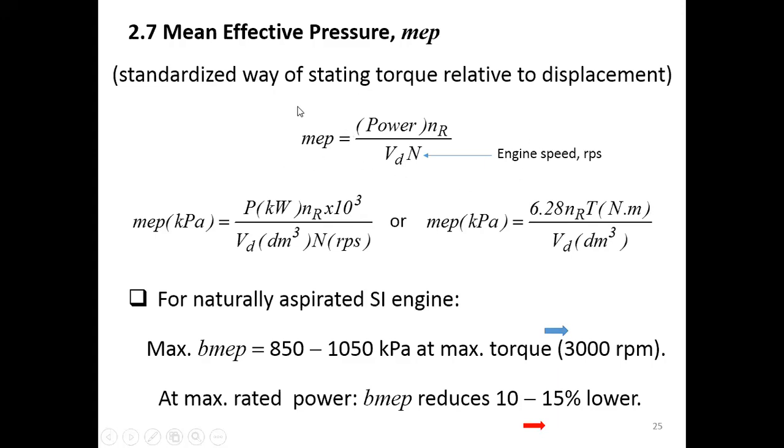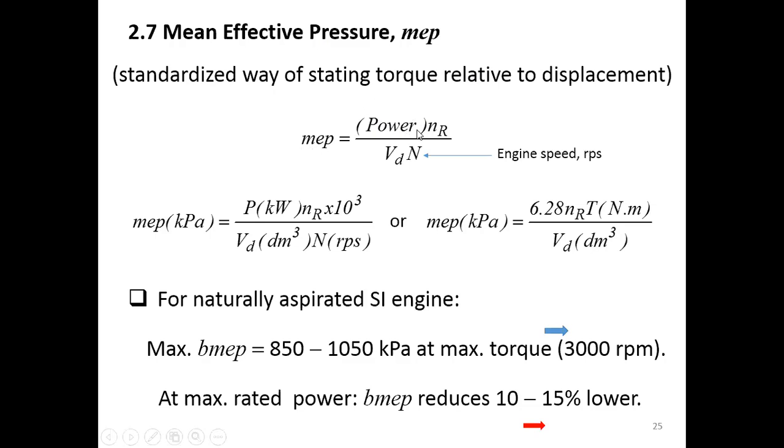So where does mean effective pressure come from? Power. Remember, we have two powers initially, as we talked about earlier: one is the indicated power, another one is the brake power. Since MEP is calculated from power, and power can be either indicated power or brake power, that means MEP can also be either indicated mean effective pressure or brake mean effective pressure, depending on what power we put in.